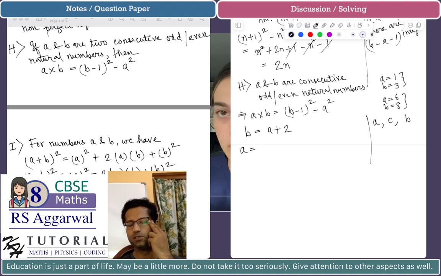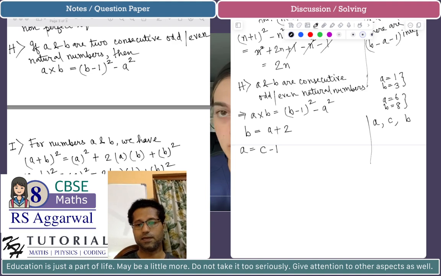Let that be c. Then a, c, b will be three consecutive natural numbers. We can say that a equals c minus 1 and b equals c plus 1.